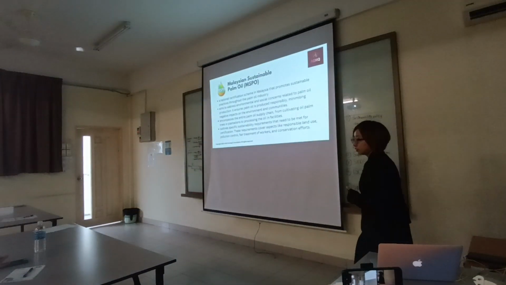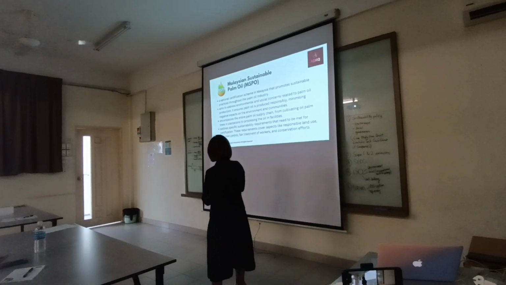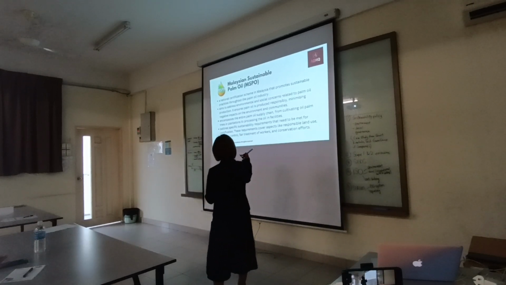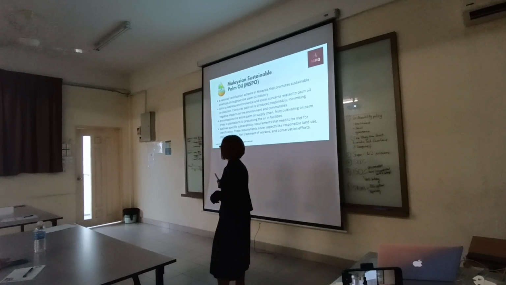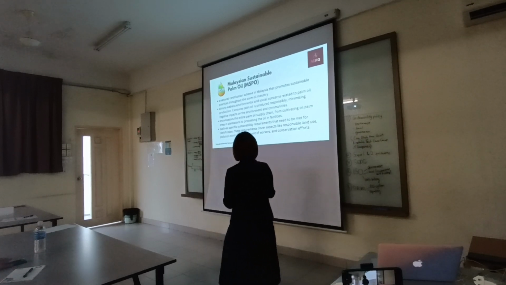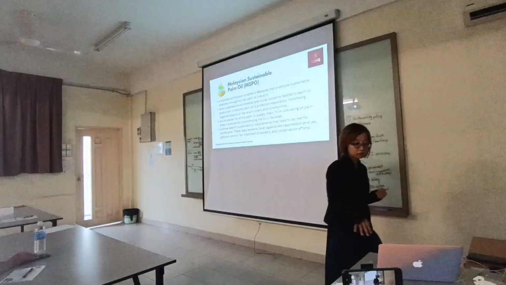And the next one, I think some of you will be familiar, is the MSPO, because if you don't have this MSPO, Malaysian Sustainable Palm Oil, then you will face penalties, and you will also have less competitiveness.